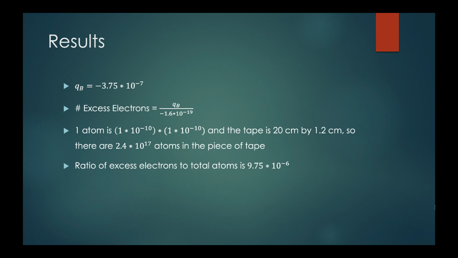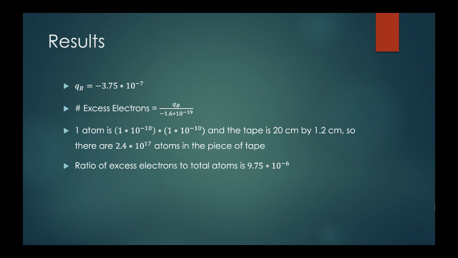And with that, I could find the number of excess electrons by dividing the charge by the charge of 1 electron. And then we could also solve for the ratio of excess electrons to total atoms by finding the total atoms on a piece of tape using the area of one atom, and also by knowing the area of a piece of tape.